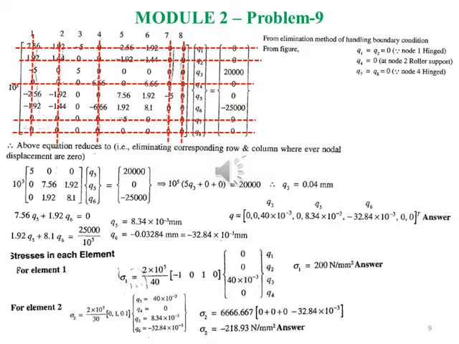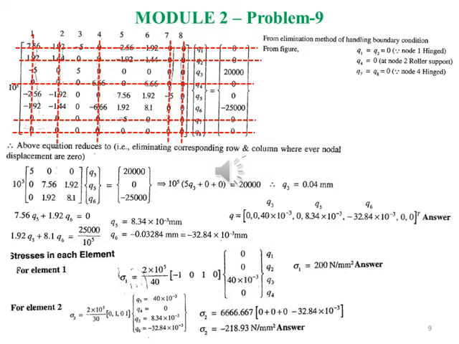So for calculating the stress, we know that sigma is equal to E divided by L into [minus L, minus M, L, M] into Q1, Q2, Q3 and Q4, with E equal to 2 into 10 power 5.